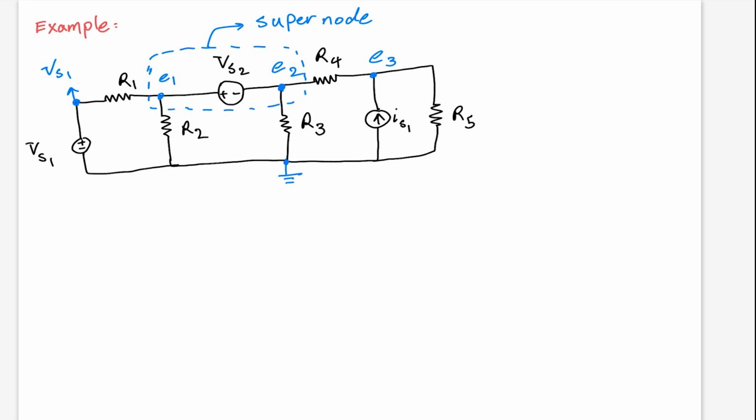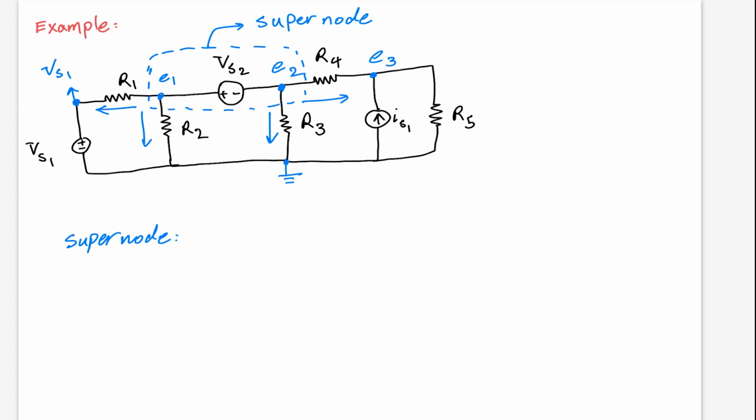Okay, let's go and write the KCL for the supernode. What are the currents that are outflowing? This current, this current. These are the currents that are outgoing from this node.